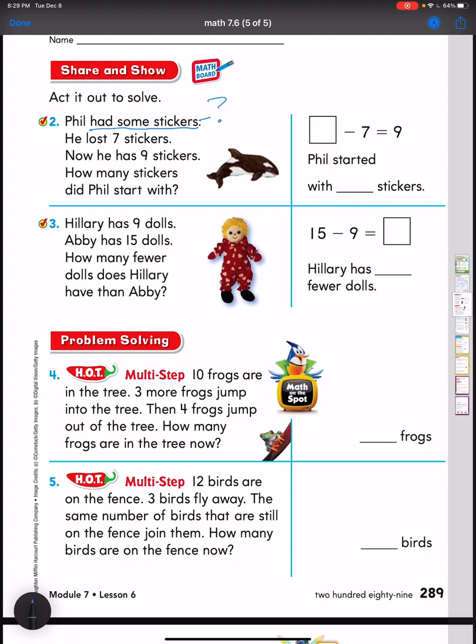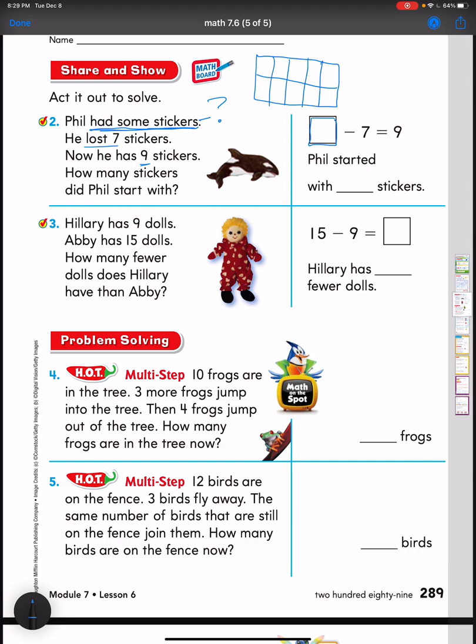We have missing information. We do know that he lost 7, and then now he has 9. So this box is our missing information. That's the information of what he had to start with. So I'm going to draw some 10 frames. I'm going to draw 2 10 frames.